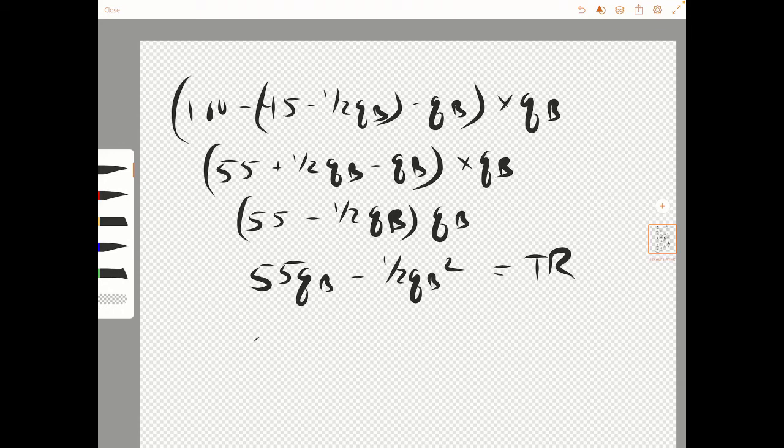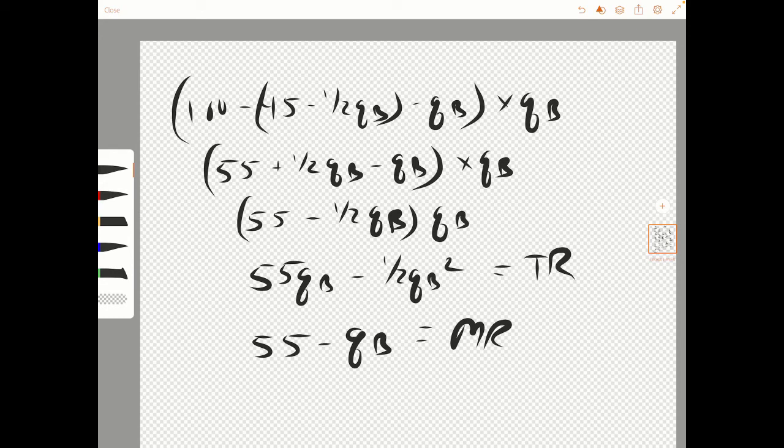So that is our total revenue. Marginal revenue is the first derivative. So marginal revenue is 55 minus, we're going to bring this exponent 2 out front, so it'll be 2 times 1/2 times QB, which is just QB. And that equals our marginal revenue.